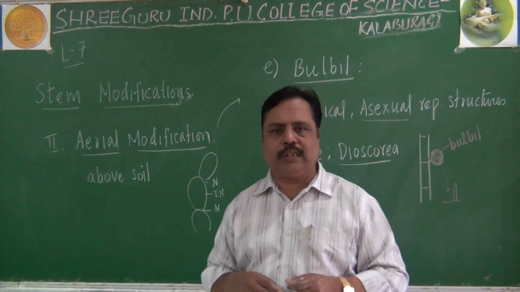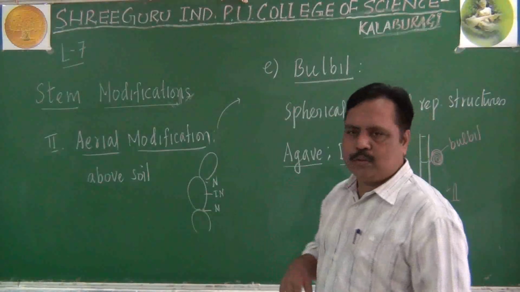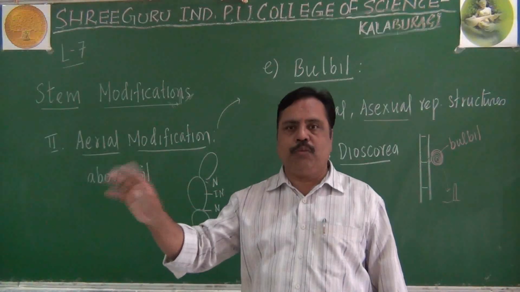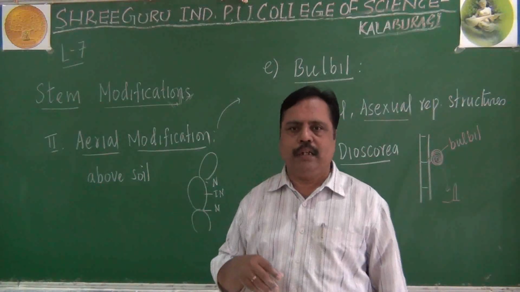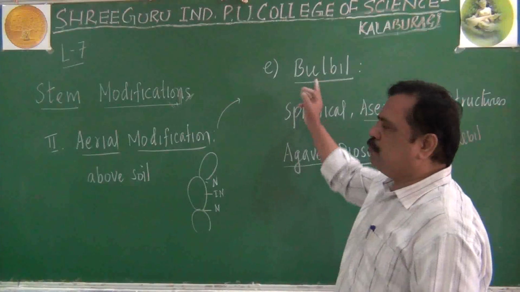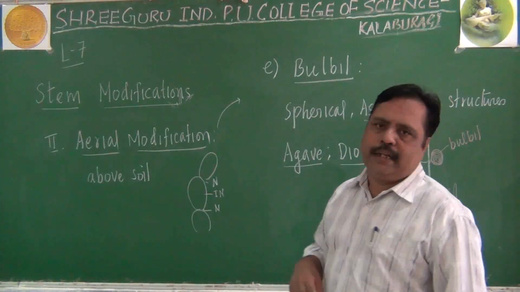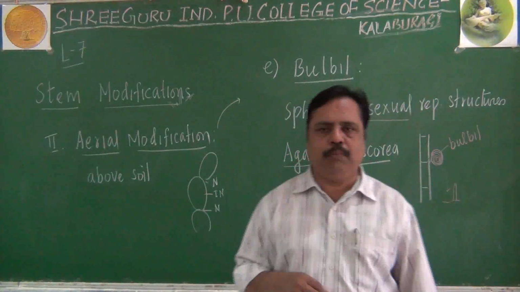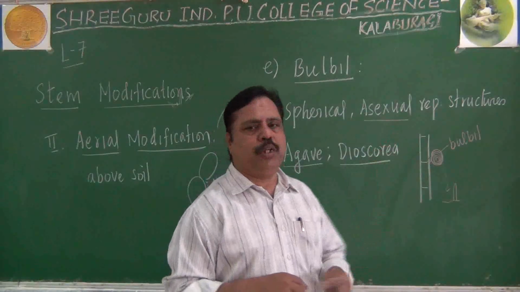Even we have come across this one, bulbil, also. While bulb is coming under underground modification, onion, Dioscorea is exhibiting bulbil, it comes under aerial modification. What is the purpose of aerial modification? This aerial bulbil is meant for asexual reproduction.